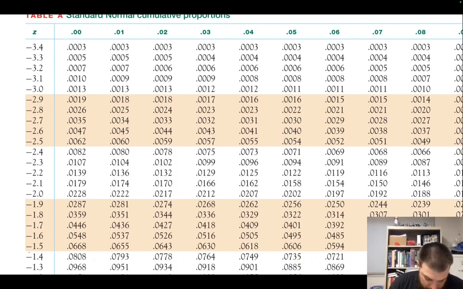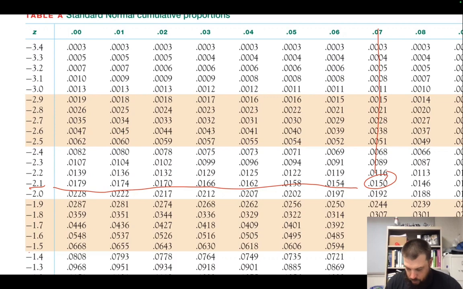All right, so negative 2.1, all the way out to 7. So 0.0150. And then we had negative 1.3, negative 1.35.